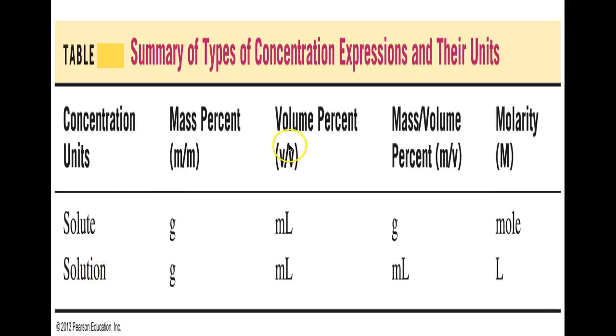Or you can have a percentage volume by volume, where both the solute and the solution are in mils. Or you can have a percentage mass by volume, m by v, where the solute is in grams but the solution is in mils. Or you can have molarity, which is moles of solute per liter of solution.